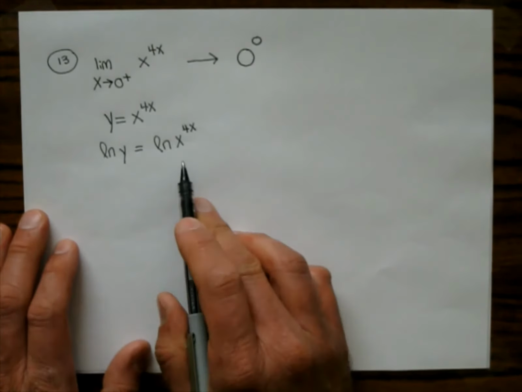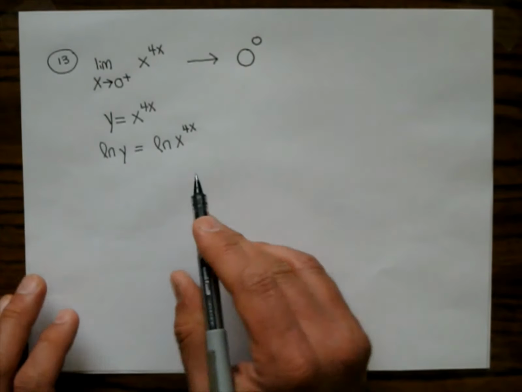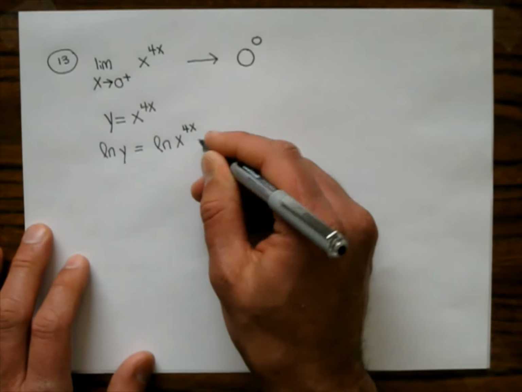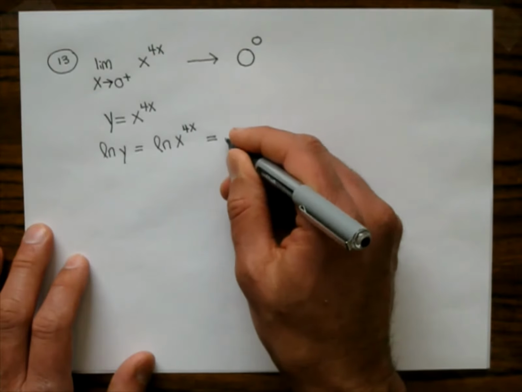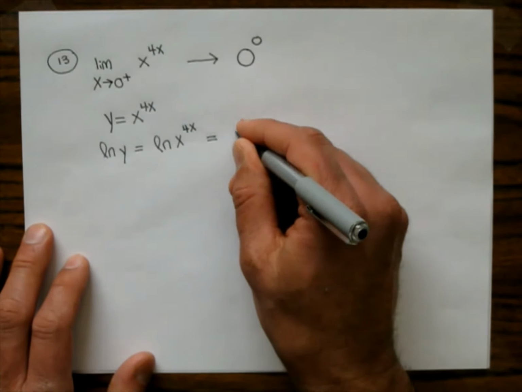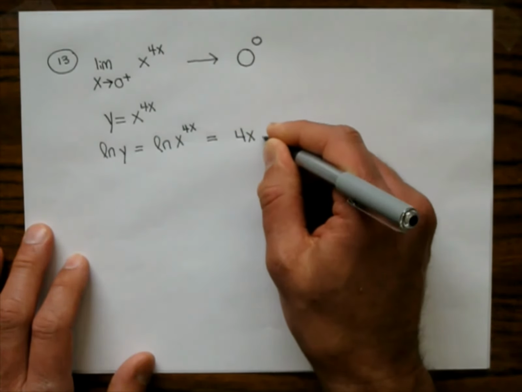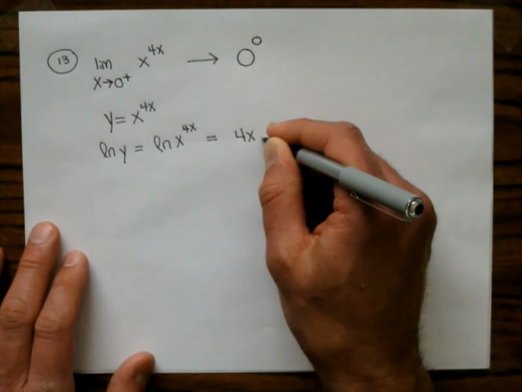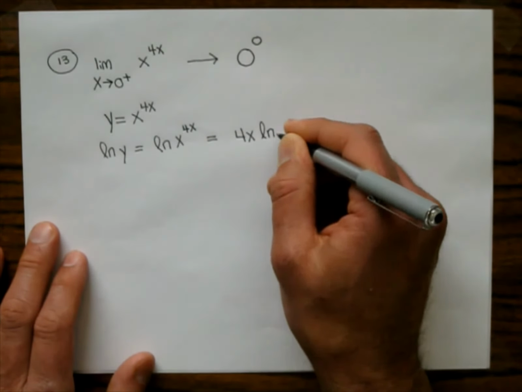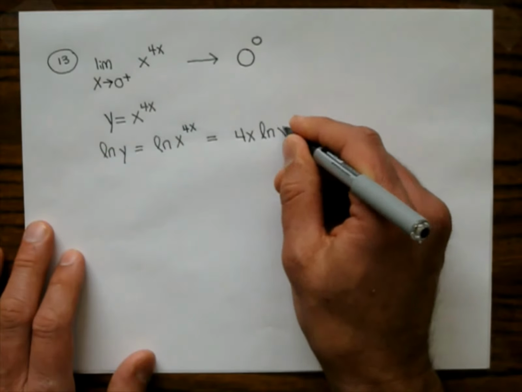And then this 4x in the exponent, using the power rule of logs, can jump down in front, so it looks like 4x times the ln of x.